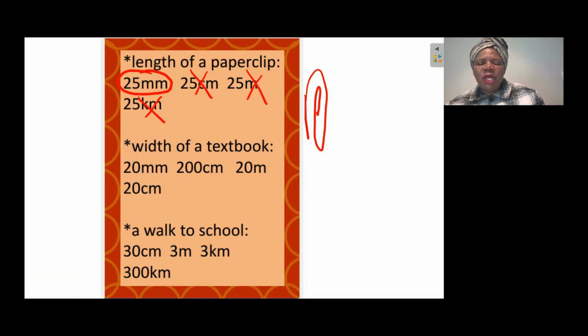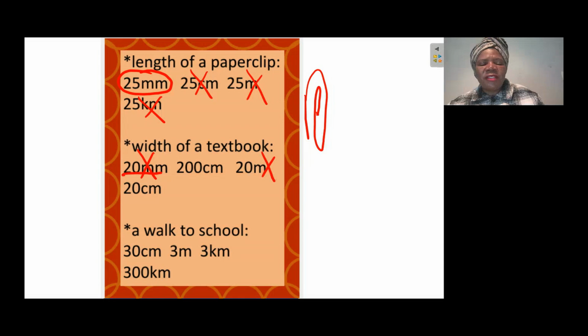Then we go to the width of a textbook. I'm sure the millimeters is the one which can be challenging at this level. 20 millimeters, look at your ruler. 20 millimeters is just 2 centimeters. It is out. A textbook cannot be 2 centimeters. Then we go to 20 meters.